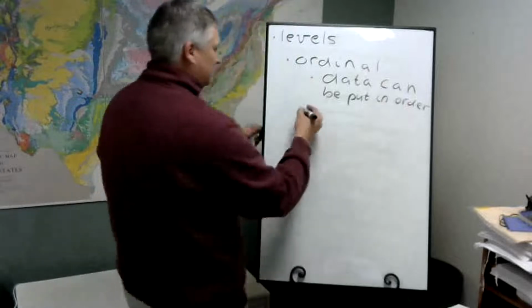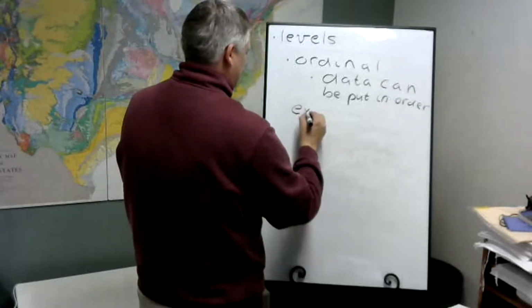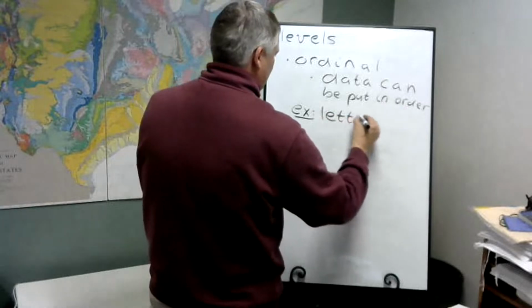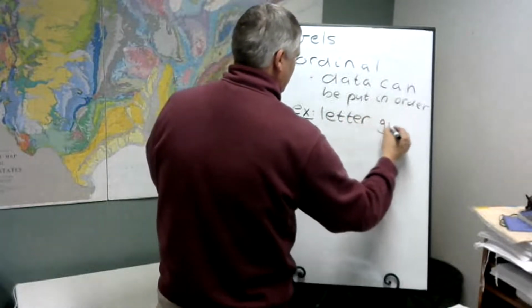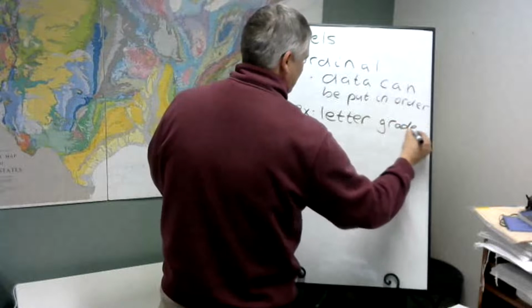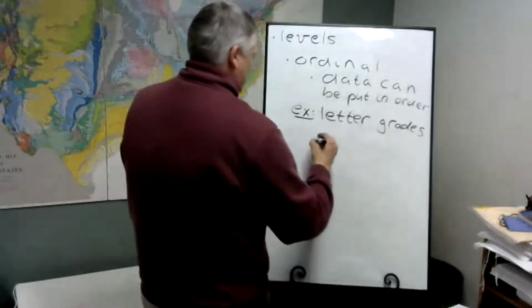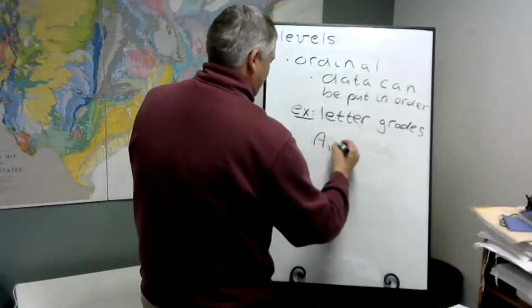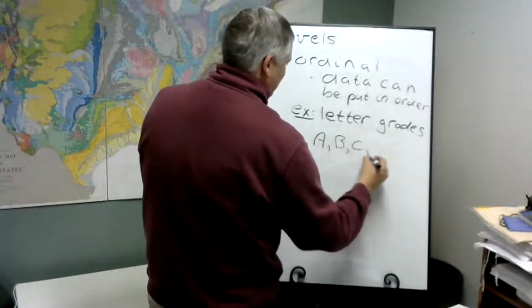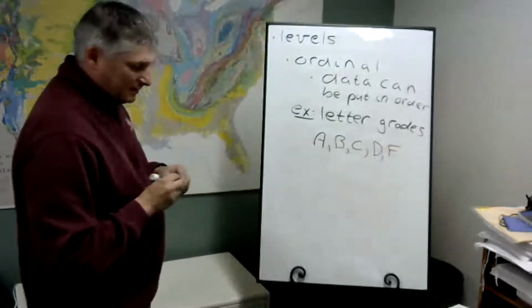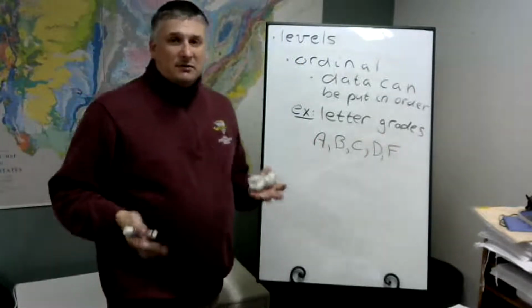So for example, letter grades. So we've seen these before, A, B, C, D, and F. So you can put these kinds of things in order.